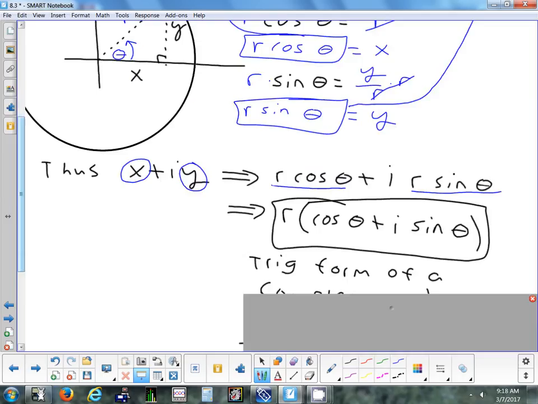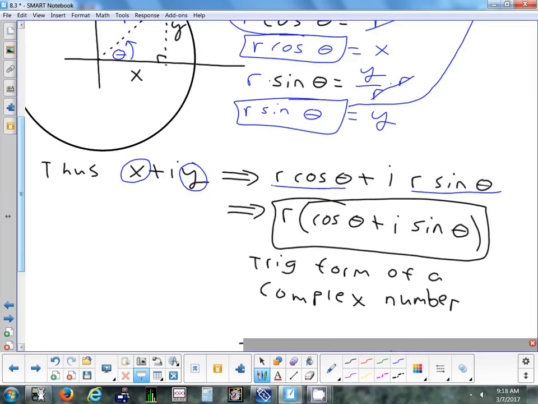So what we do is we factor out the r, put it in front, put a set of parentheses. And you can double check that we did it right by multiplying it back out. R cosine theta, and then i r sine theta. Okay, so what's in that box? That's the trig form of a complex number. Okay, so if they ask you to write a complex number in trig form, a final answer would look something like this.